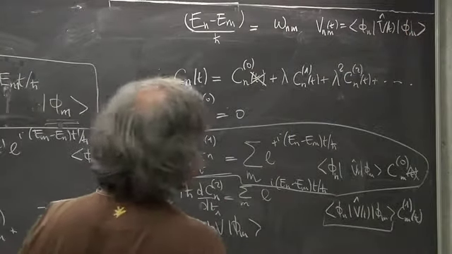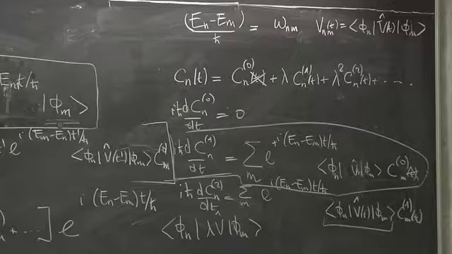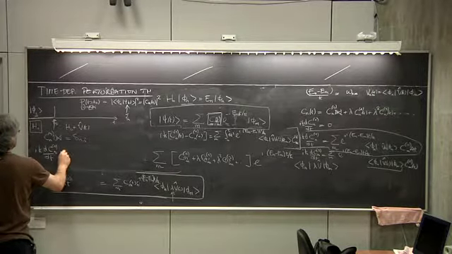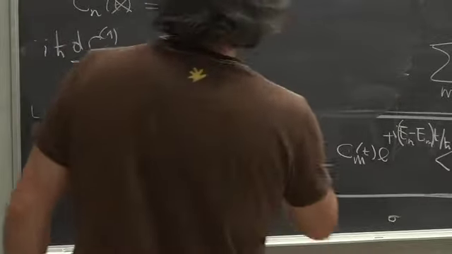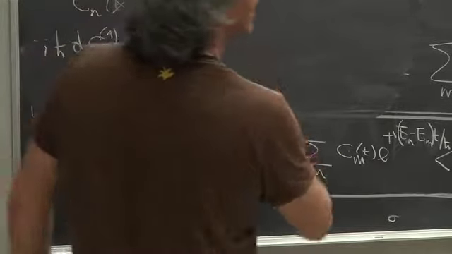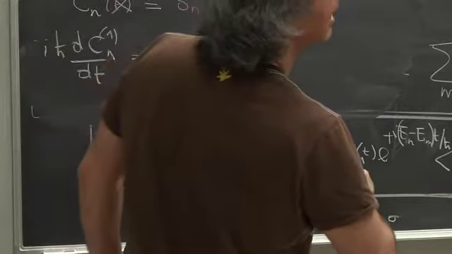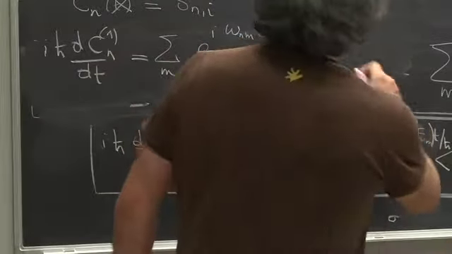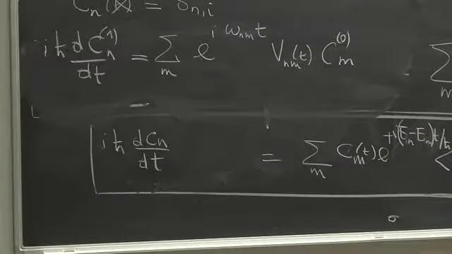With this shorthand, the equation for C1 would look something like this: i h bar, the derivative of C1 of n, equal to sum over m, e to the i omega nm t times Vnm(t) times C0 m. This is just a shorthand for that.